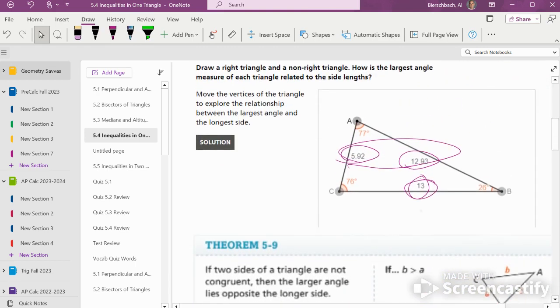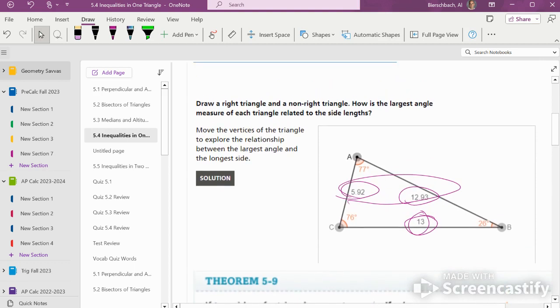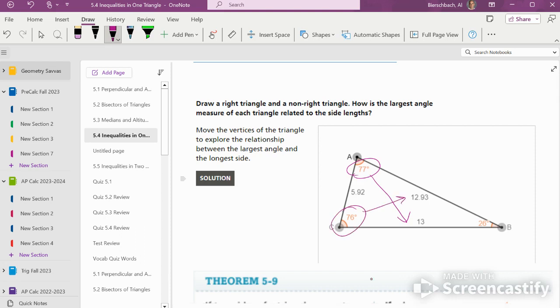Okay, the other thing that we're learning about today with this is, see how 77 is the biggest angle. It's opposite 13. 76 is the second biggest. It's opposite 12.93. 26 is the littlest. It's opposite 5.92. How do they relate to each other?